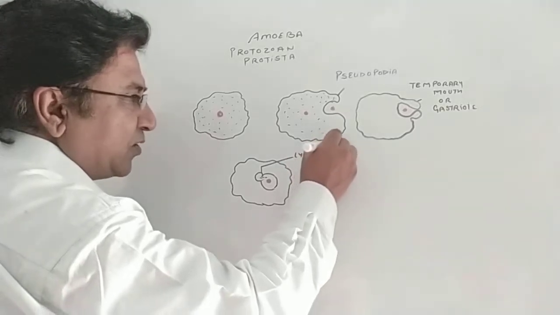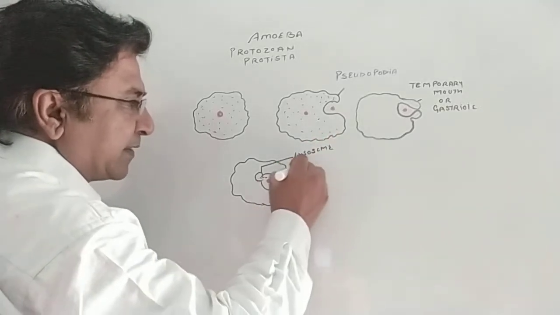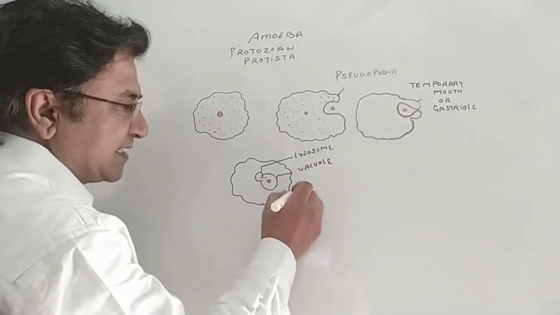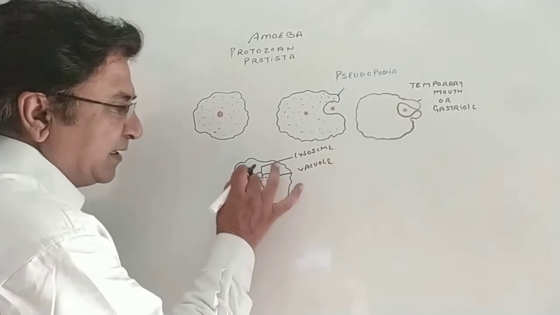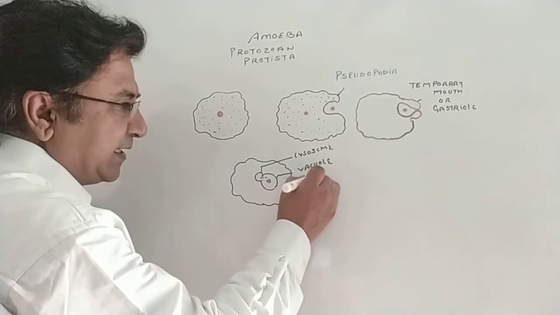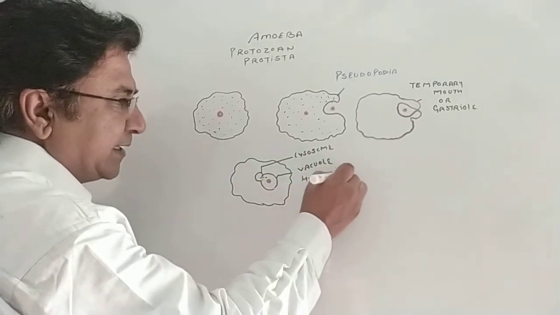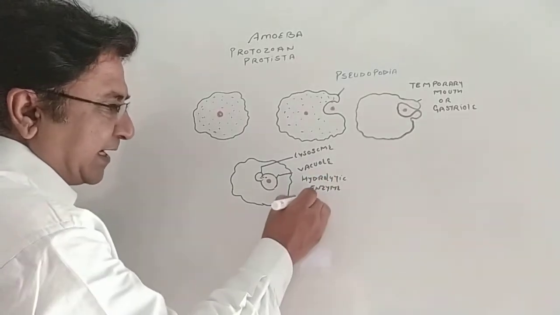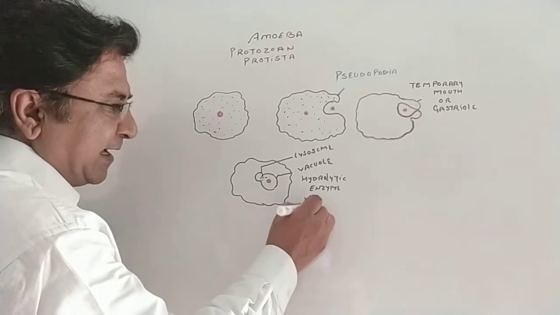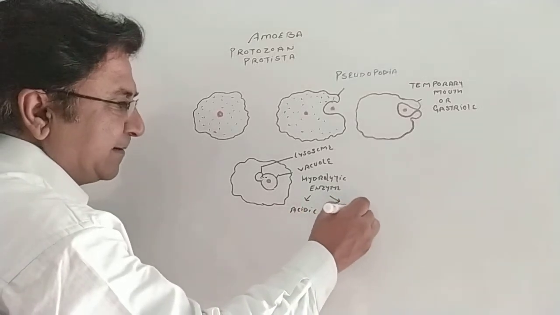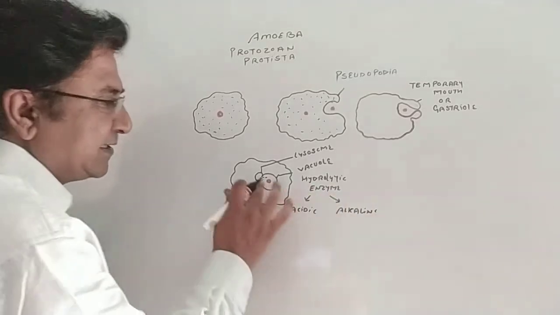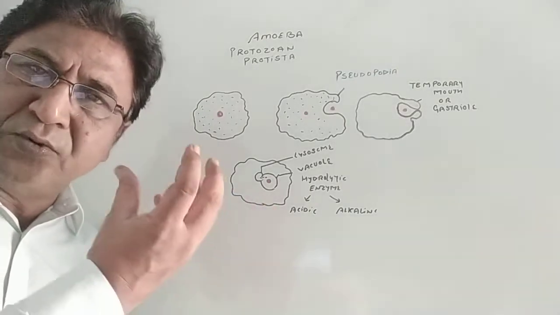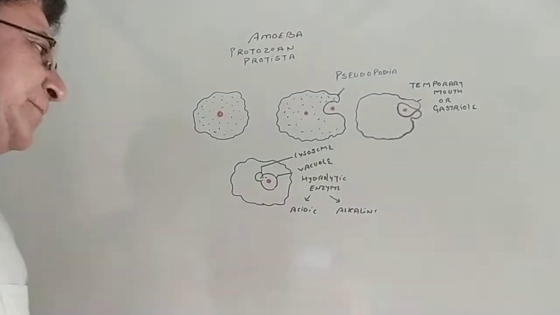Together they are called gastrule. The lysosome gives hydrolytic enzymes inside the vacuole. First they are acidic, and then it becomes alkaline, and by that the food material, which is a complex organic material, is broken down into simpler food material.